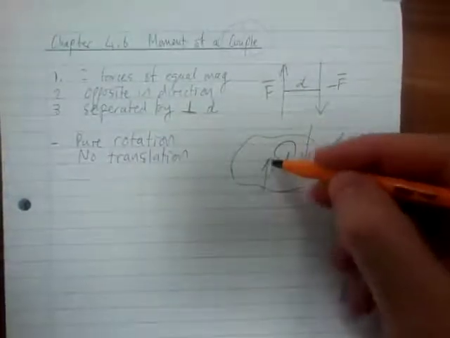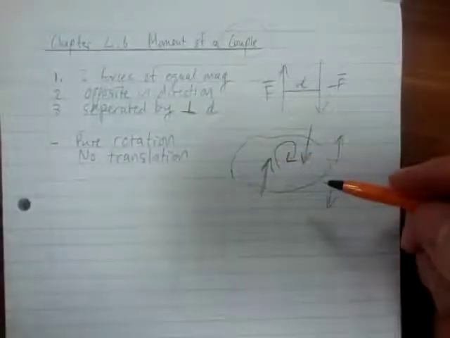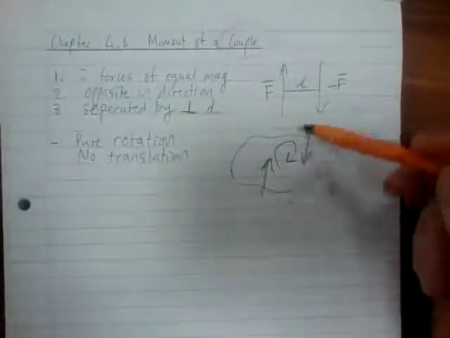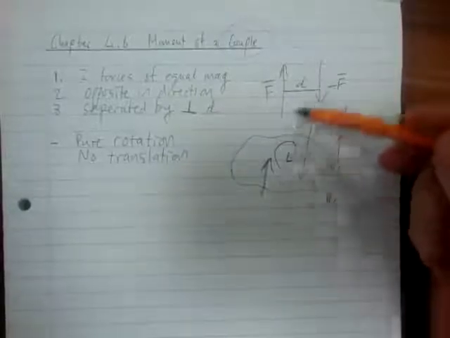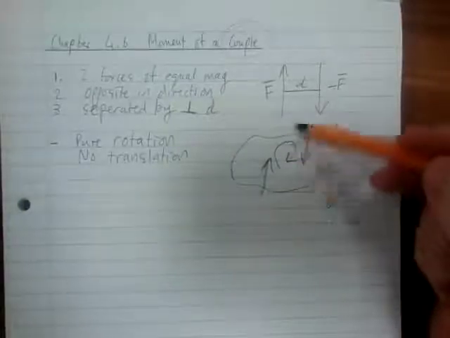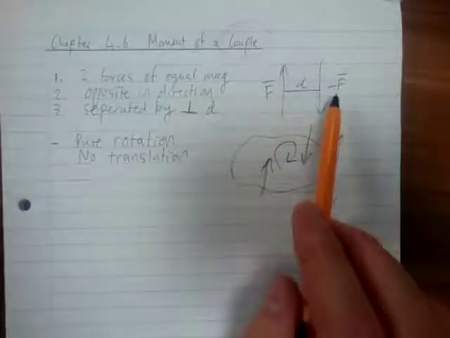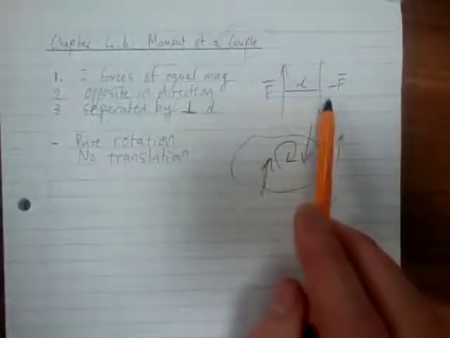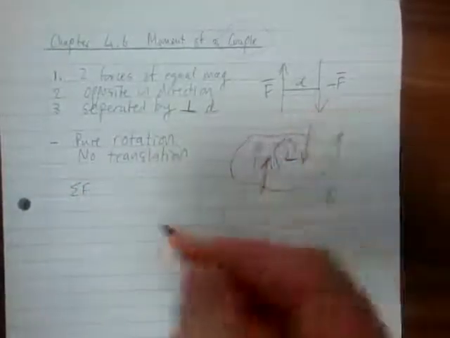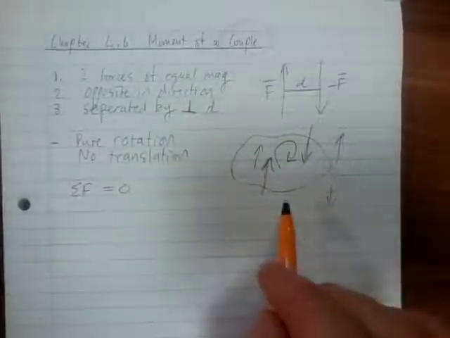Because can you see we've got these forces acting in this direction, our thought would be that even though it wants to rotate, there might also be a tendency for it to move up or down along the lines of action of these forces. But because they have the same magnitude and opposite direction, the sum of the forces in this direction cancels out and becomes zero.